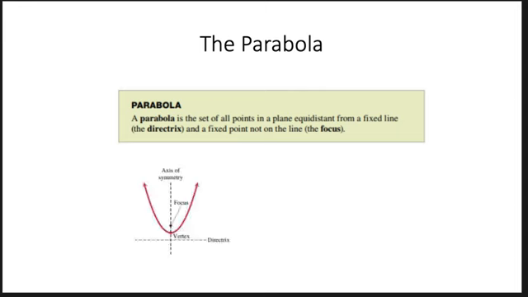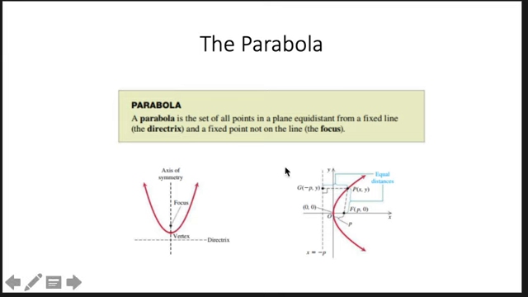You've seen parabolas before when we were talking about quadratic functions, but what makes this different today is we're not necessarily going to have functions. For example, this parabola could be facing up, or down, or right, or left.